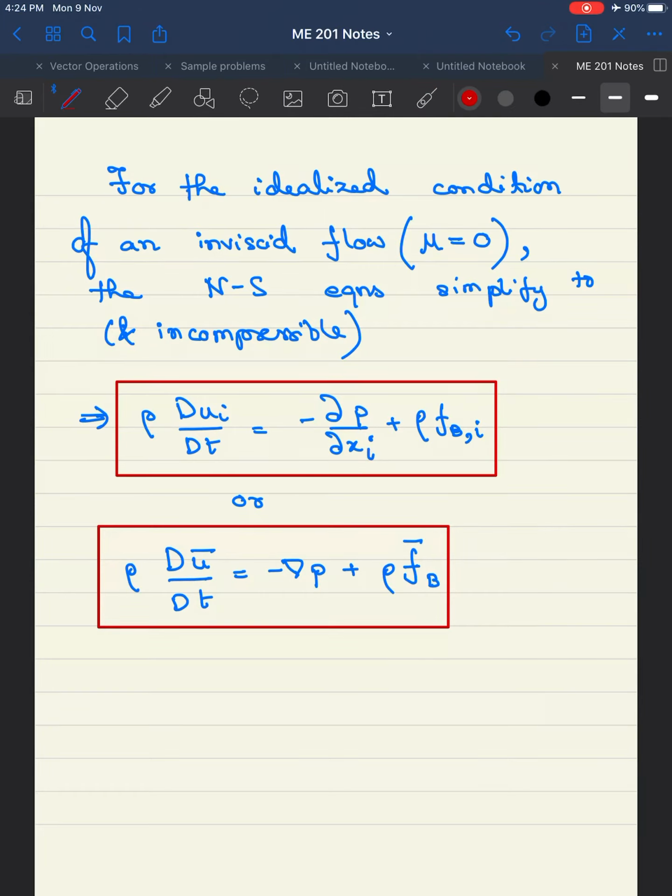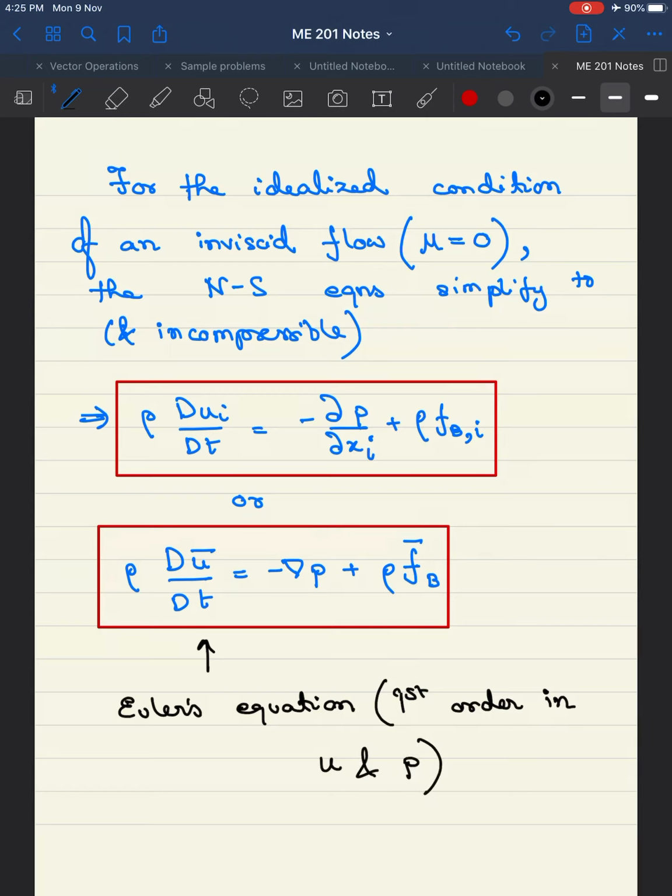Let me write it down as an important thing. This is Euler's equation, and it is first order in U and in P, and it is simpler than the second order equations of the Navier-Stokes.